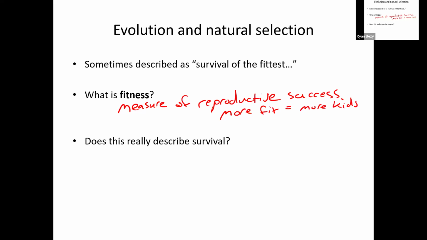The fitness definition hinges not on living, but on reproducing. I don't really like the phrase survival of the fittest, because what evolution is focusing on is reproduction of the fittest. Evolution always influences reproductive success.